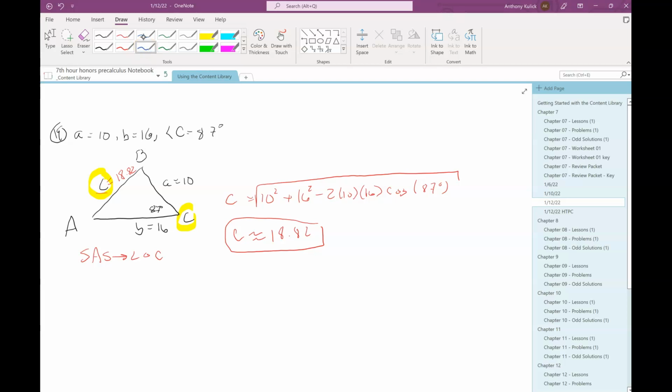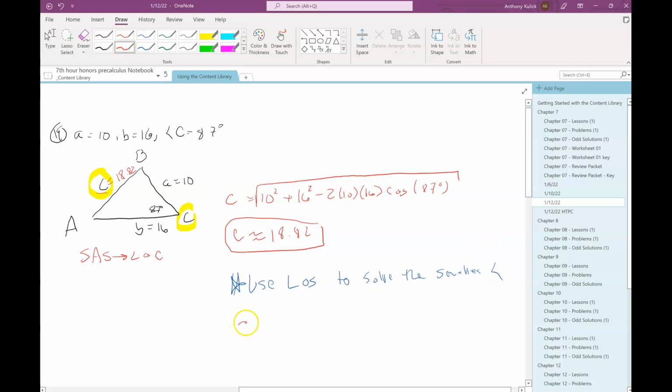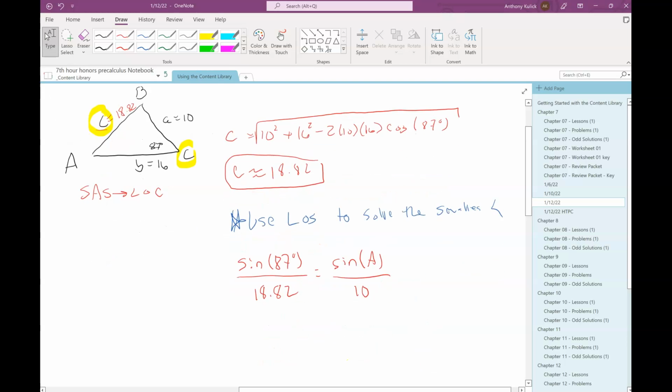So in this case, choosing between angle A and angle B, which is the smaller? Good. How do you know angle A is the smaller? Because the side opposite angle A is the shorter. Perfect. So I'm going to write then my law of sines. I'll do sine of C over side C equals sine of angle A over side A. Looking good, Josie? Okay. We'll cross multiply.